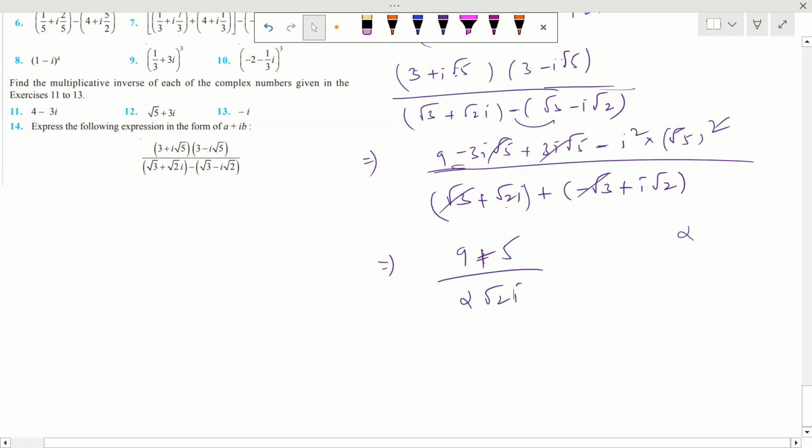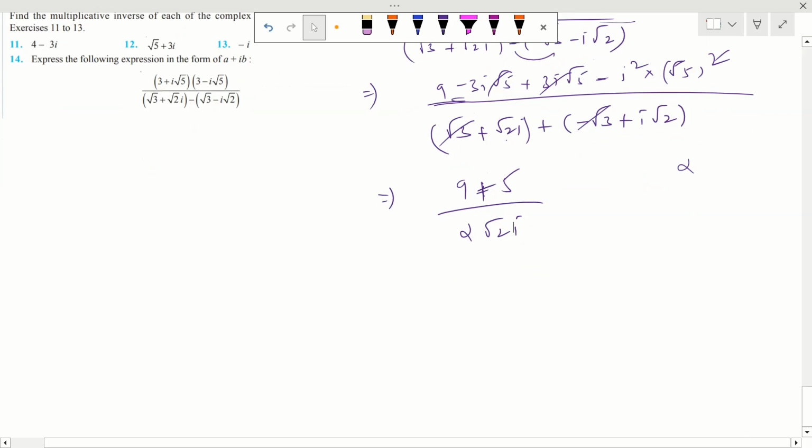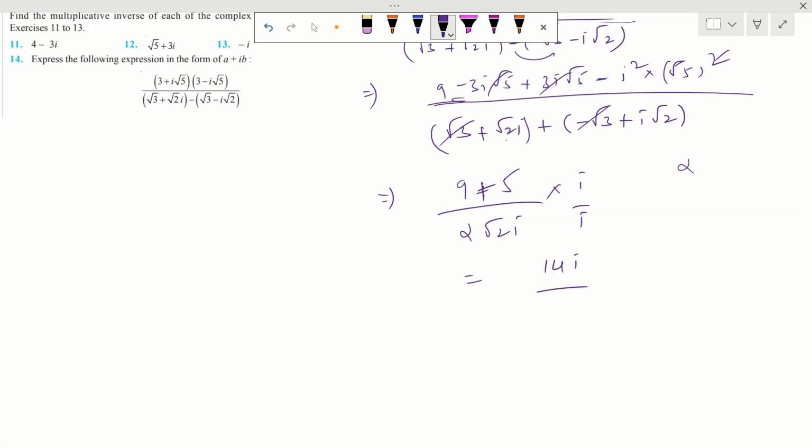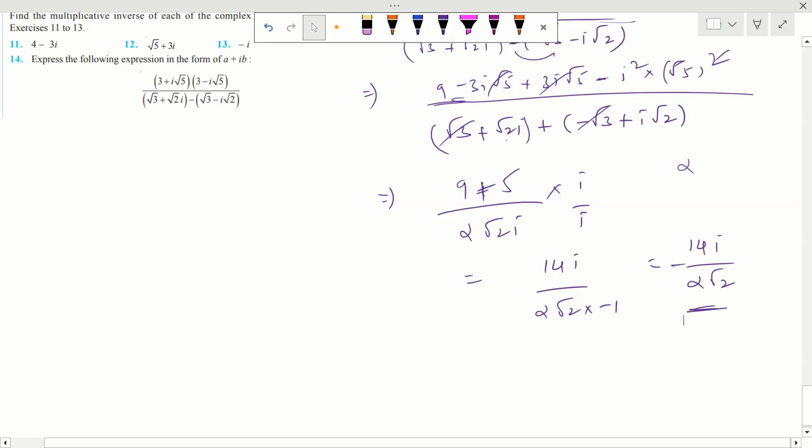If we are solving this again, we need to multiply i into i. So it is 9 plus 14i, then 2 root 2 i square. i square is minus 1, so we'll have minus 14i divided by 2 root 2, minus 2 root 2. This is the solution for this equation.